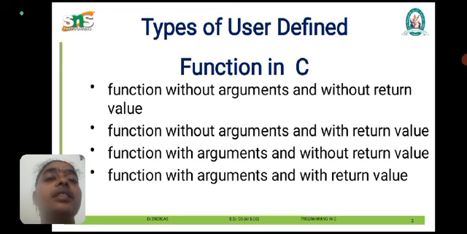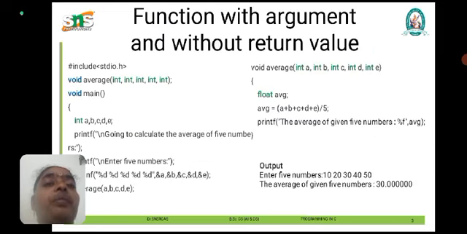We already discussed the first two in the part 1 video. Now we discuss the remaining two user defined functions in C. The third one is function with arguments and without return value. We already learned what a function means, how to pass values and call a function, formal parameter, actual parameter, and the return statement.